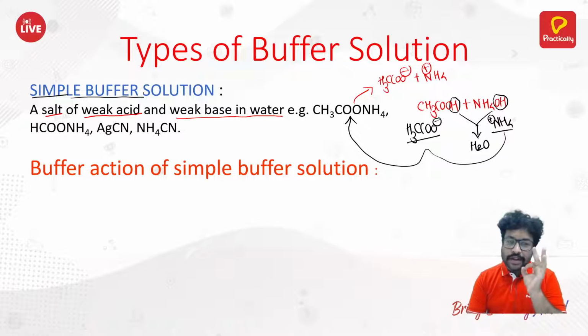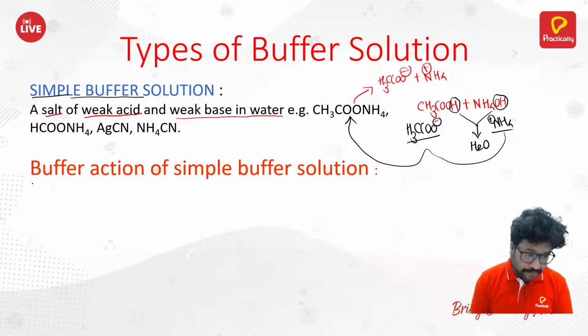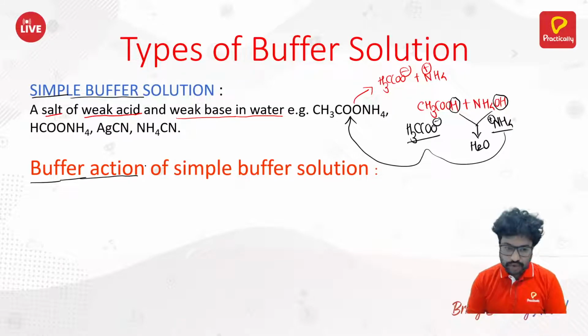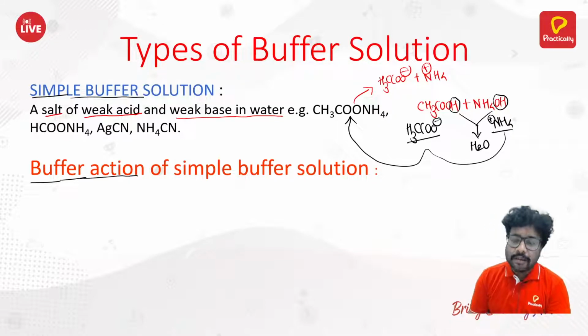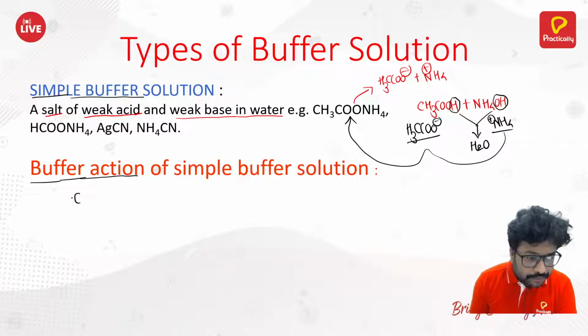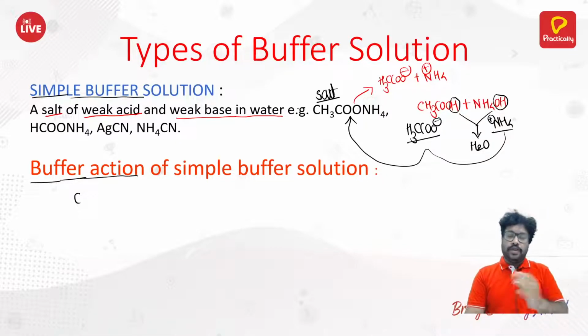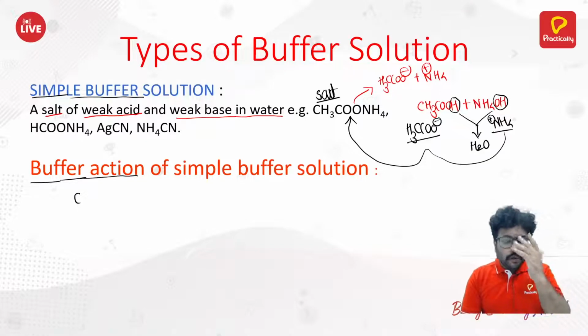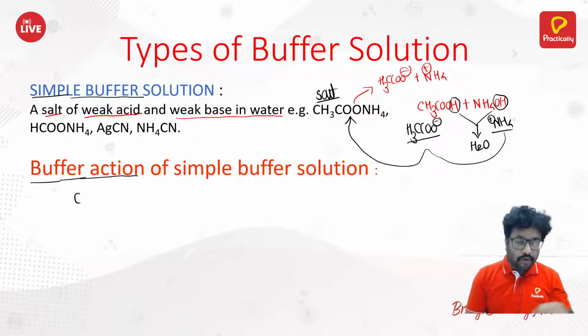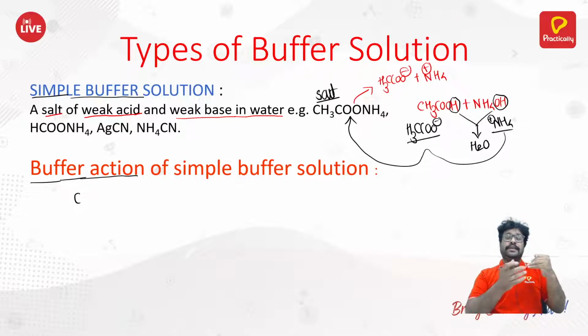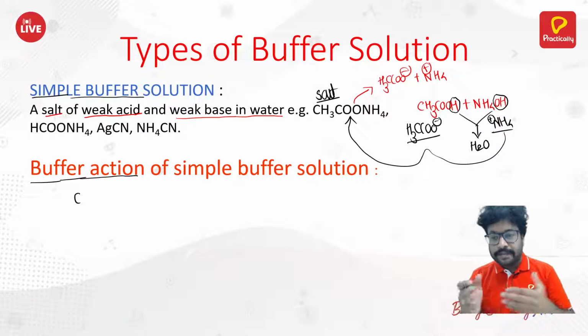Now let me tell you what the buffer action of this simple buffer solution is. Let's take ammonium acetate. It's a salt, and I told you earlier, you take any salt as you want, whatever kind of acid or base it has been made from, be it a strong acid, strong base, weak base, doesn't matter.